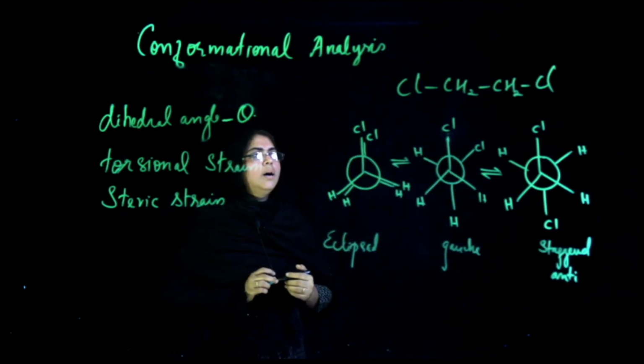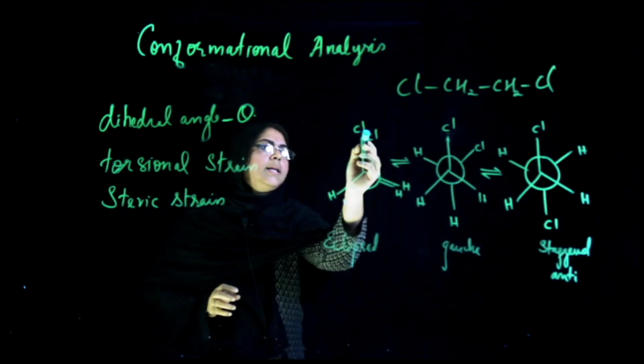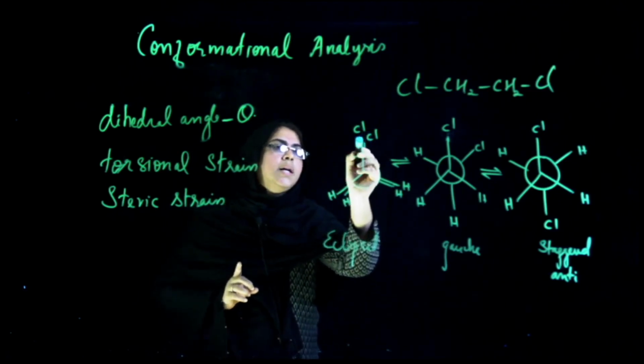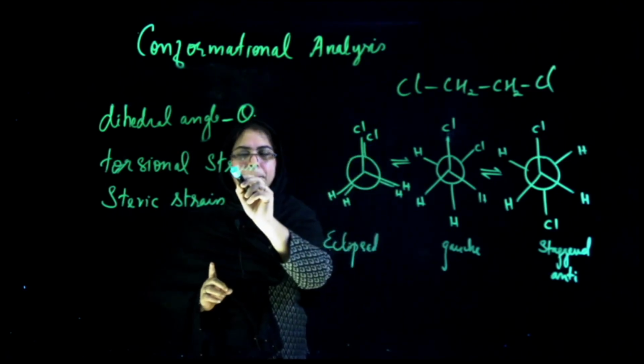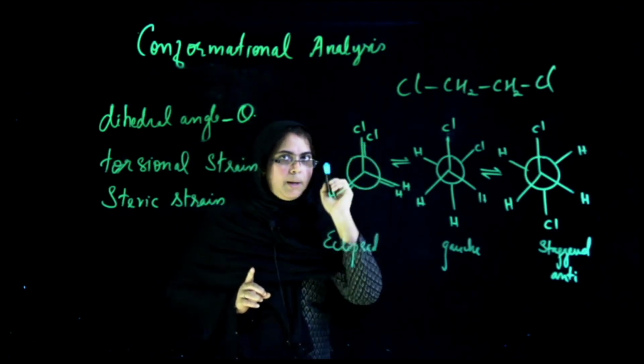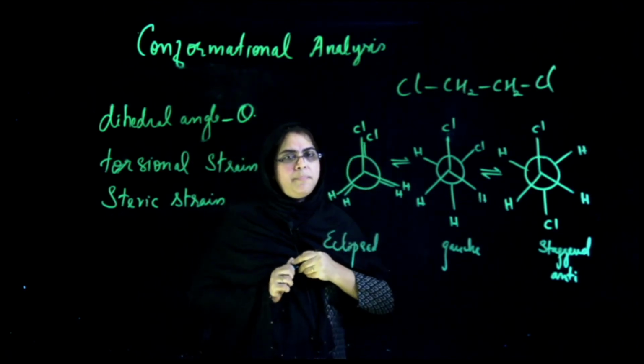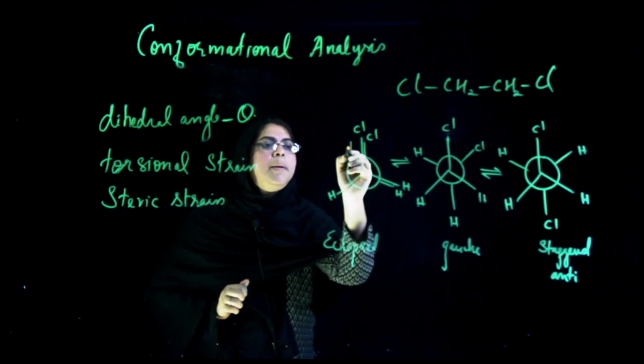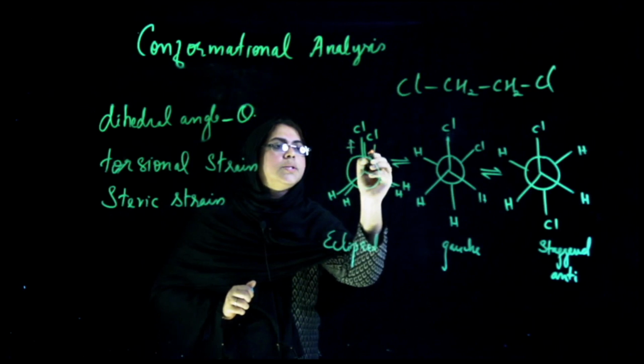Here we can see that in this case the dihedral angle is 0, and what happens? The torsional strain will be maximum, steric strain will be maximum. Apart from that, the chlorine will be imparting a dipole moment.